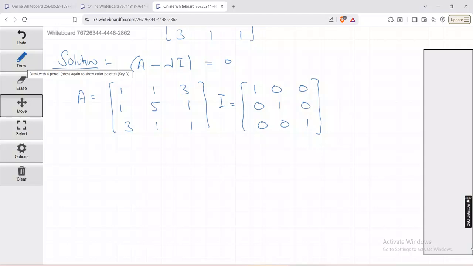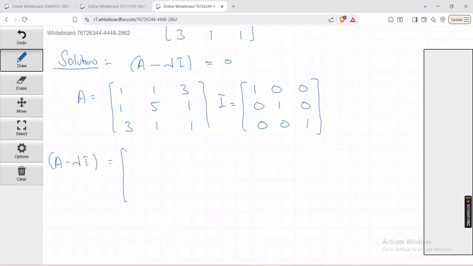Now you have to apply the formula. You multiply lambda with the identity, so this will become lambda 0 0, 0 lambda 0, 0 0 lambda.